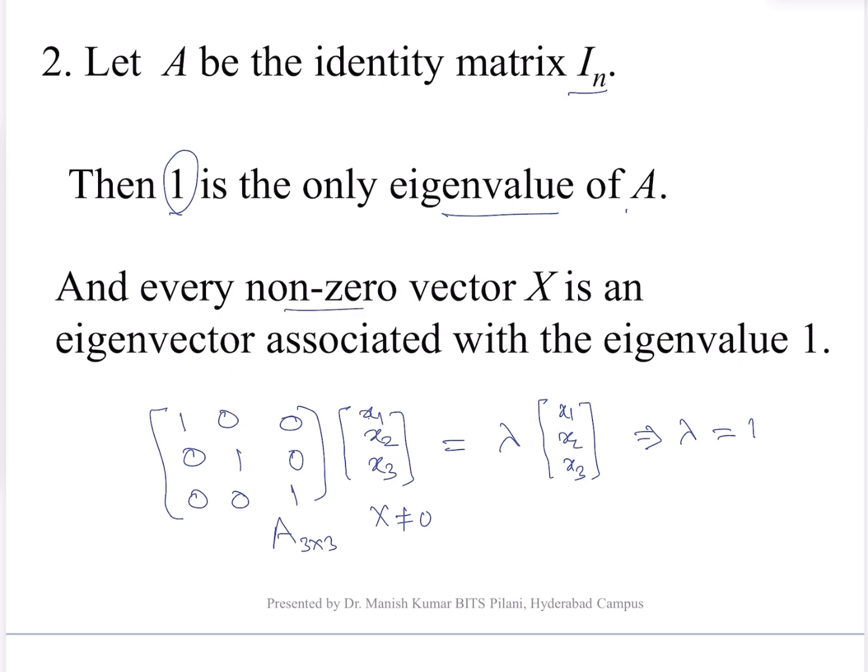So every non-zero vector x is an eigenvector associated with eigenvalue lambda. Whatever value of x you choose, if lambda is 1, you get lambda x, that is x1, x2, x3, because whenever you multiply with the identity matrix, you receive the same vector x, right?